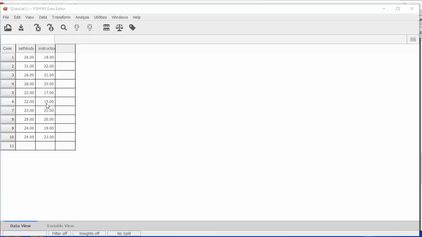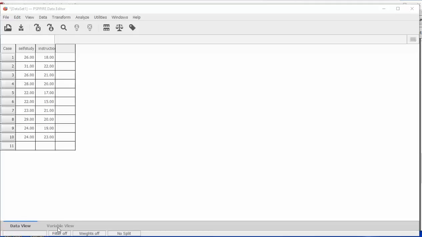So you are going to enter the data side by side because it's the same individual here in this first cell whose performance has gone slightly lower in the second cell when they were instructed by the instructor. So that's how you set it up. First column is for one condition, second column is for the other condition.